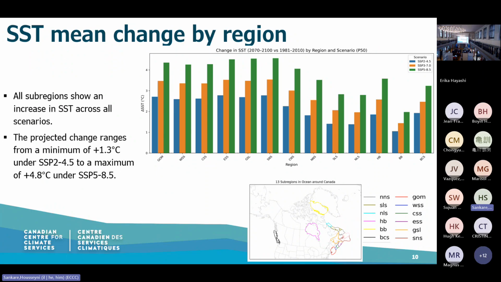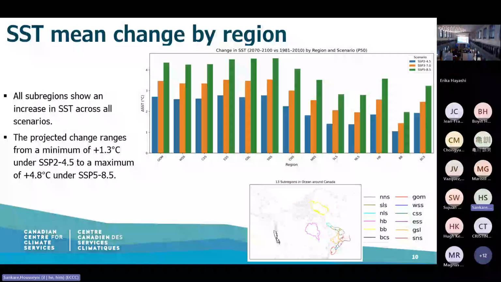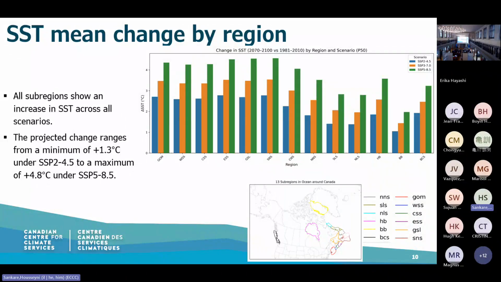For example, under SSP4.5, the projected warming is more moderate, with a minimum increase of approximately plus 1.3 degrees C. In contrast, SSP5-8.5, representing the higher emission scenario, shows the most significant warming, with some subregions experiencing increases up to plus 4.8 degrees.